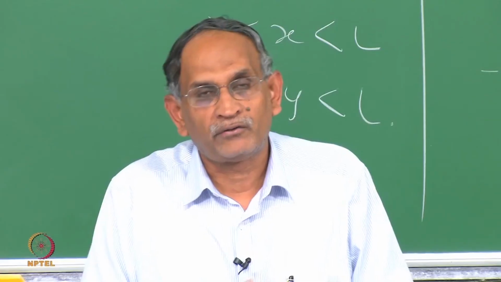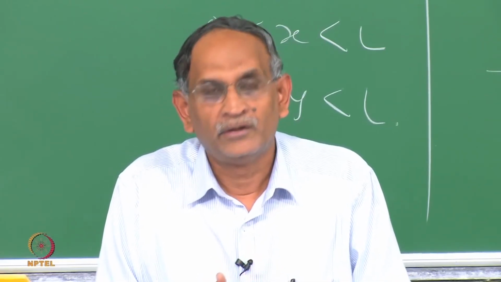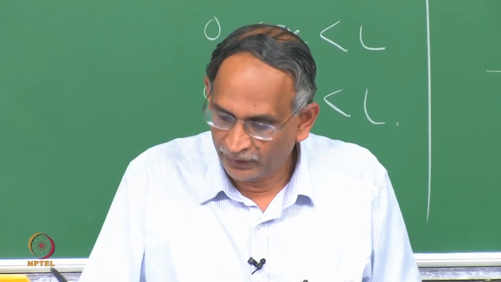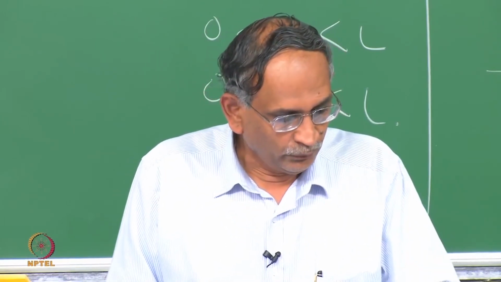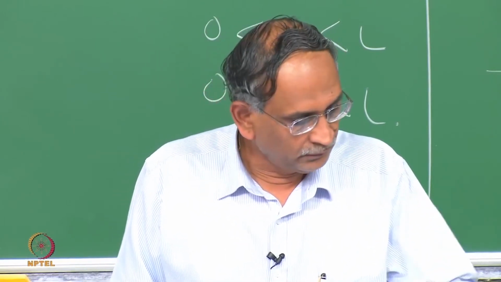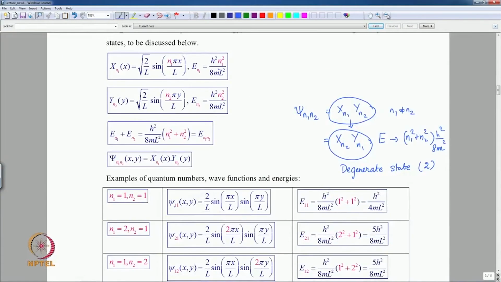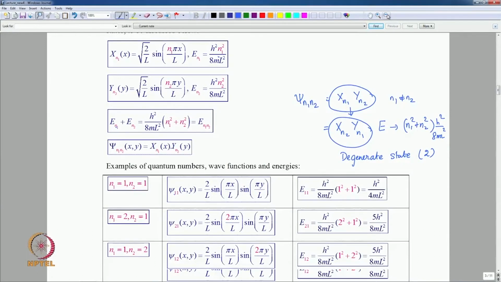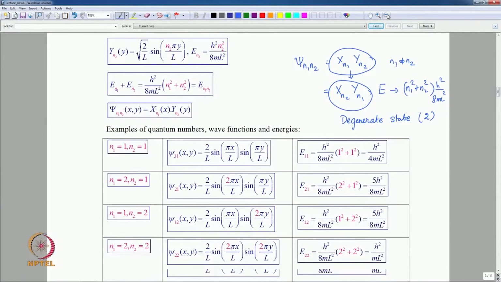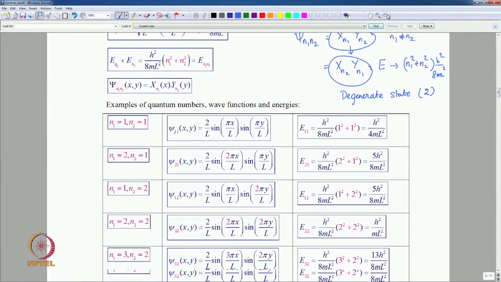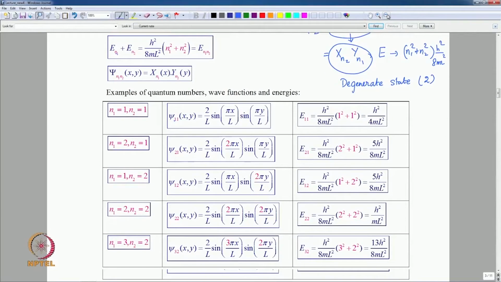This is the introduction for the particle in a 2D box, that the degeneracy is the additional factor. Now, how do these things look like? Let us simplify this picture. Now, I have a whole series of functions here with which you can fill up any number of pages if you wish.